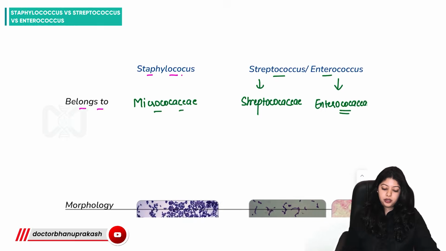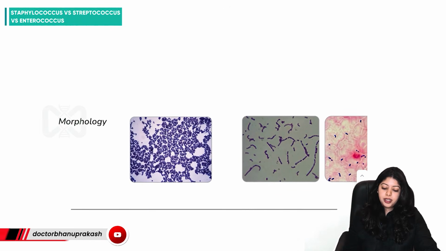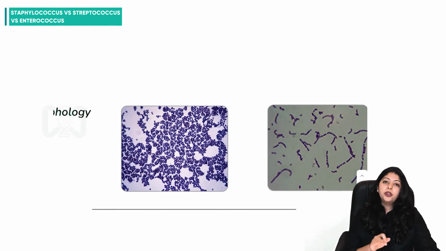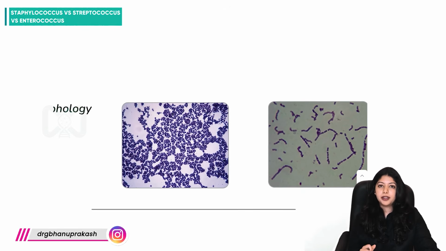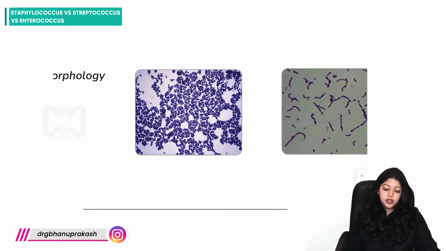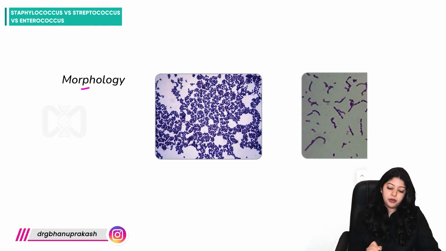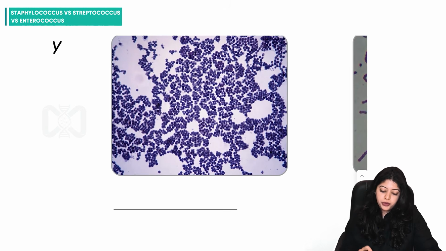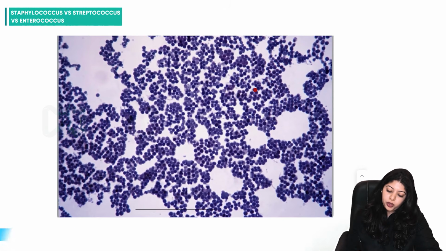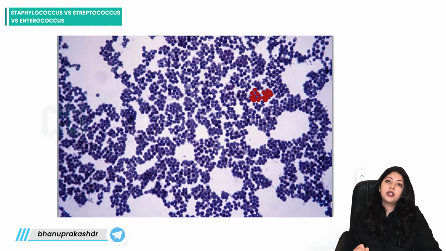Right? So now, to differentiate them morphologically, all three of these are gram-positive cocci, whether they are arranged in clusters, chains or pairs. To differentiate them on the basis of morphology, we have the very first image wherein are we able to appreciate these small cocci arranged as bunches, or can we say arranged as grape-like clusters?